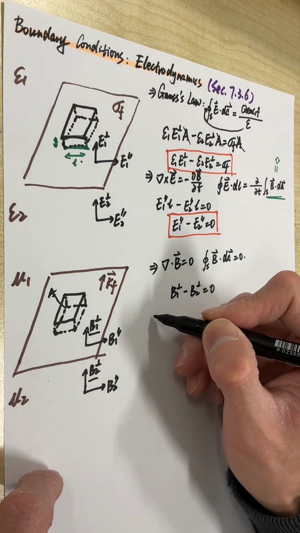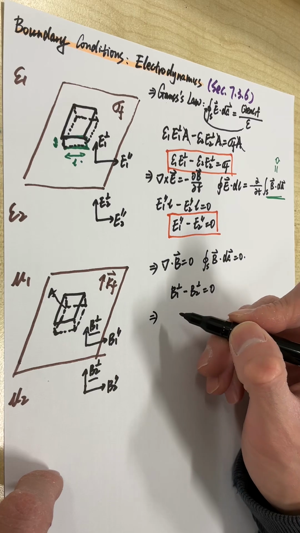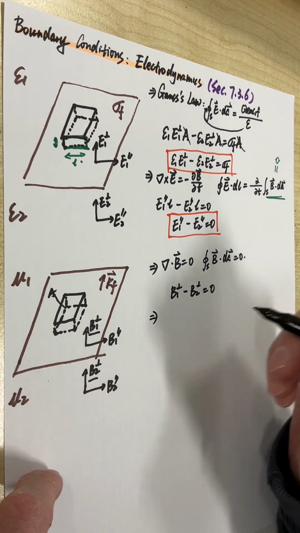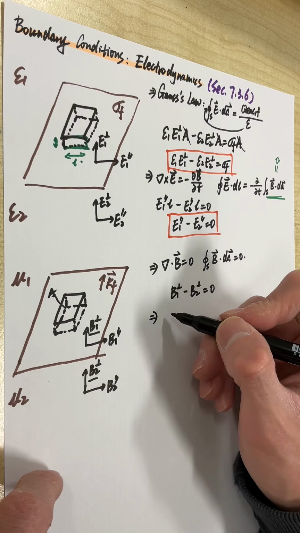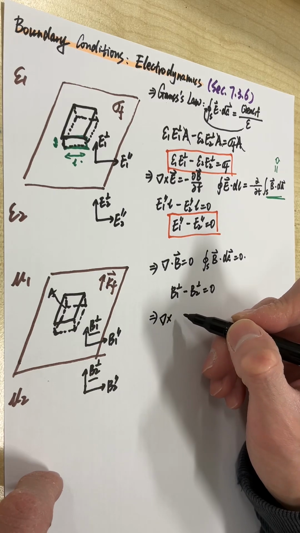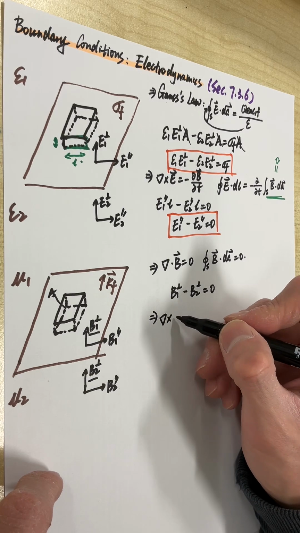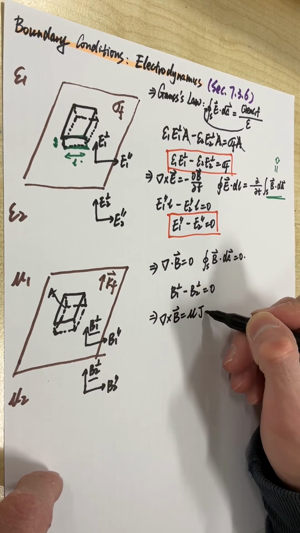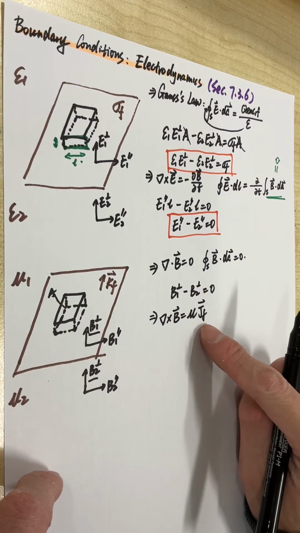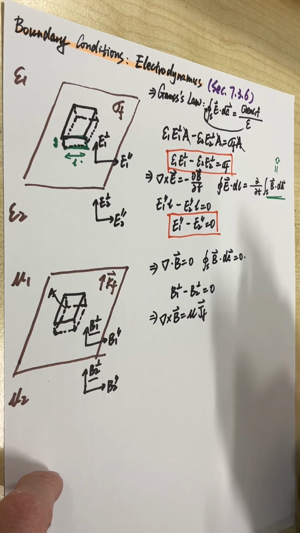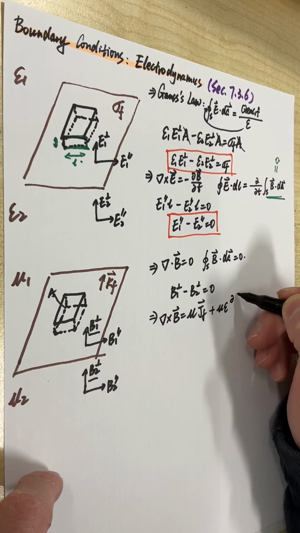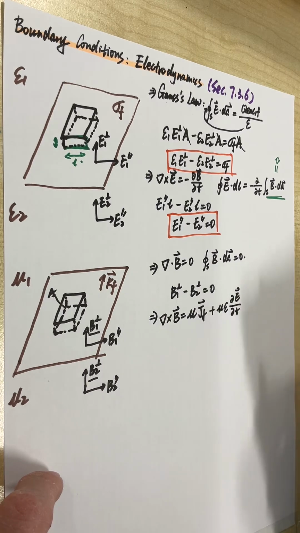Another thing is we have Ampere's law, but with Maxwell's modification. So we have the curl of B equals mu J free, the free current density, plus mu epsilon dE/dt.